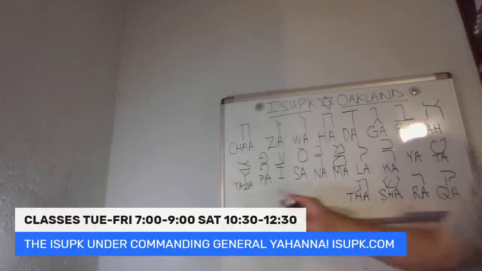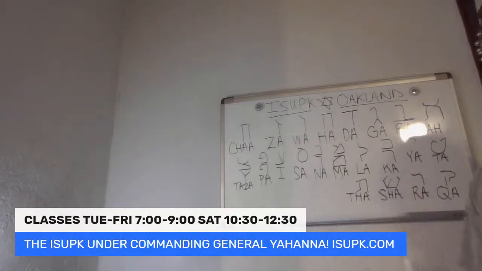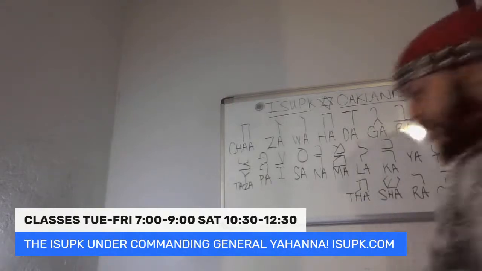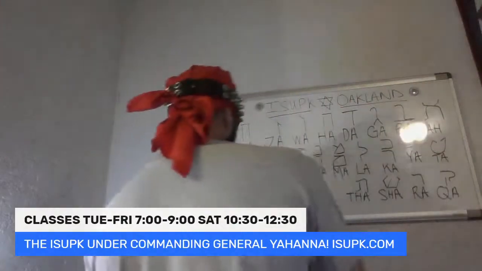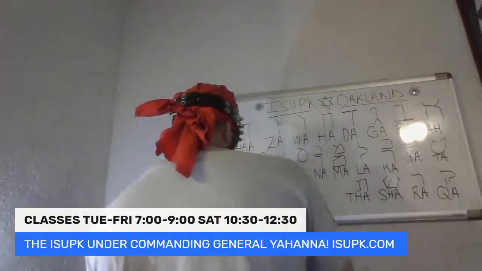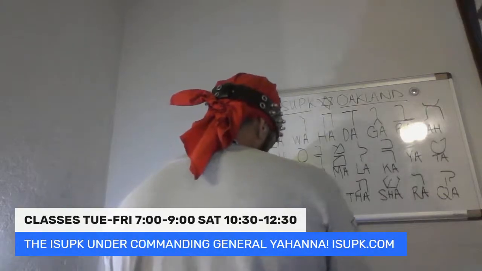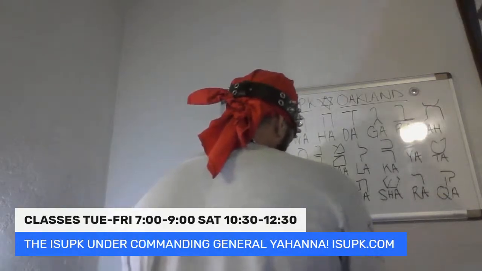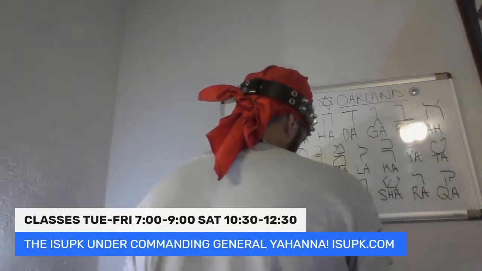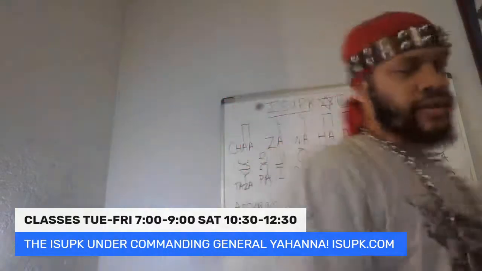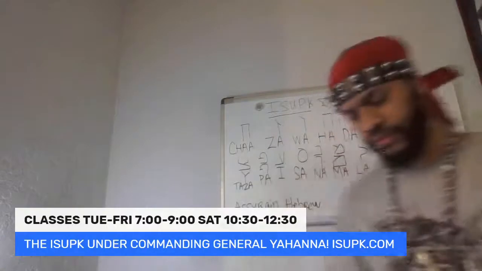Fortunately, I was able to get all of the ones that change at the end on one line, so I'll be able to point them out. So this is the Assyrian Hebrew, also known as the modern day Hebrew.